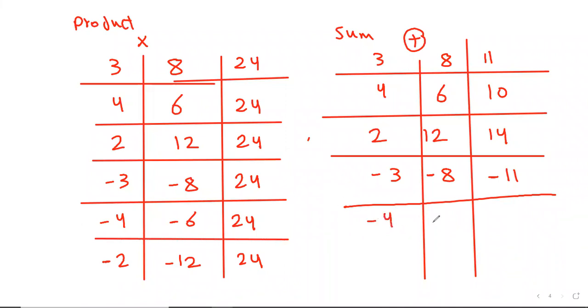When adding them, negative 4 plus negative 6 equals negative 10. And negative 2 and negative 12: multiplying them you get 24, and adding them, it's negative 14.